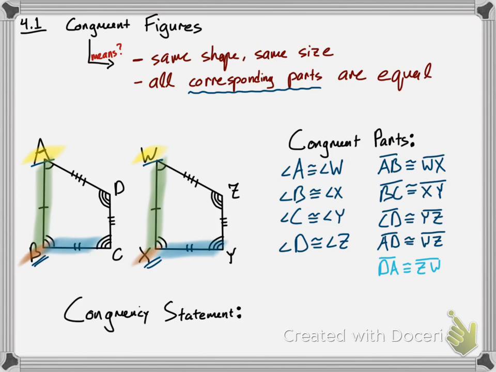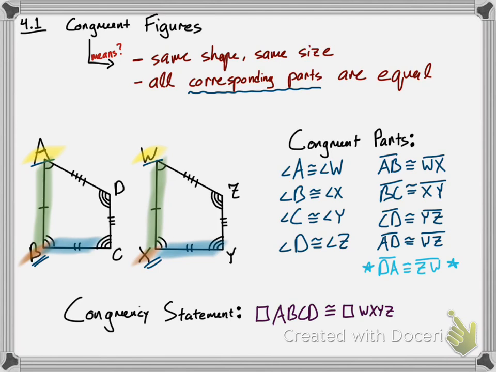All right, and so that moves us to our congruent statement. Our congruent statement is the statement that we use to match up all these congruent parts. So for this figure here, we're going to say that, just put a little square there, quadrilateral ABCD, use all the vertices, is congruent to quadrilateral WXYZ.